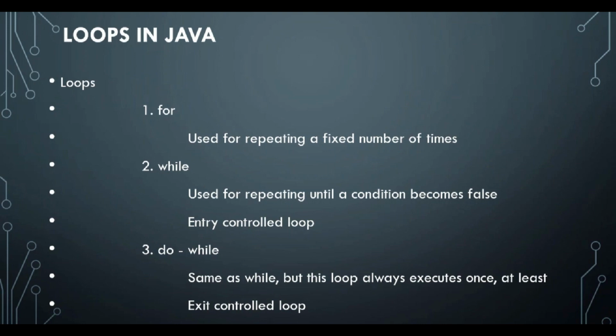So in a while loop there is a condition given at the entry of the loop, whereas in a do while it is given at the exit of the loop. So that is why it is naturally going to execute at least once, because when it enters the loop body it doesn't know the condition. It comes to know of the condition only when the exit condition comes into play.